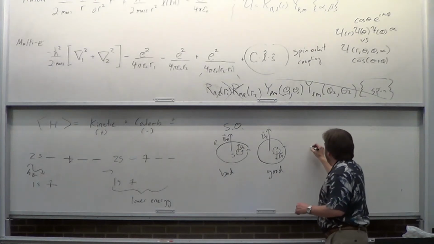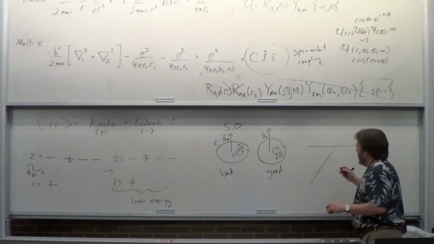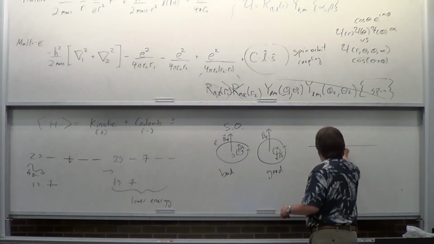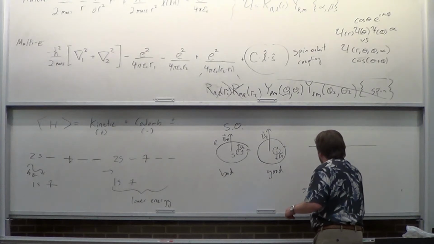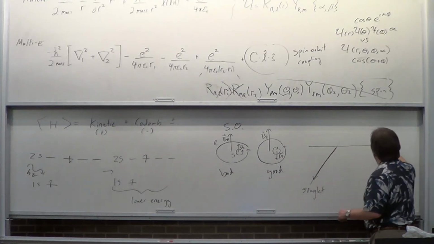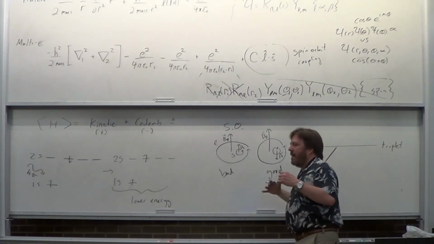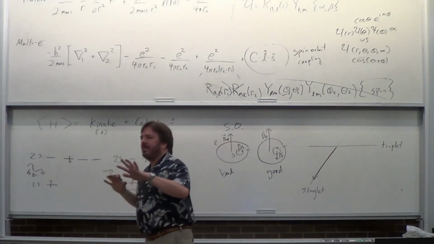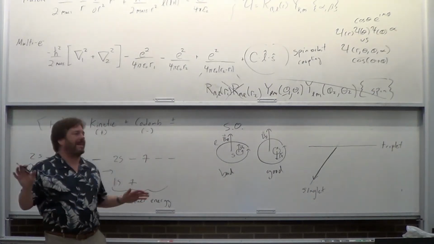Okay, now the effect of this is, and this is the part I was really rushing, so I felt kind of bad about this, is we like to think of a wave function as being either pure singlet or triplet. If anyone ever came by office hours, I could show you mathematically how this works.